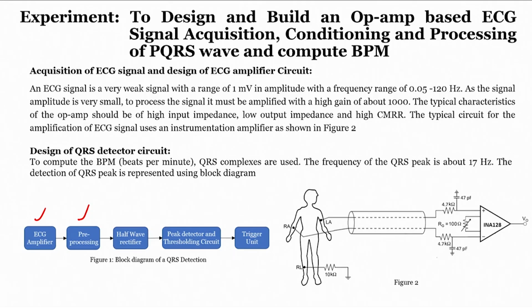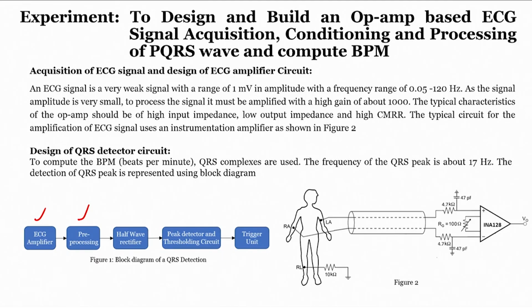If we recall our previous session, in order to find out our BPM, we require to know the QRS peaks. How many QRS peaks are obtained within a minute gives the measurement of our BPM. So, in order to find that BPM value, how do we determine this is our QRS peak?